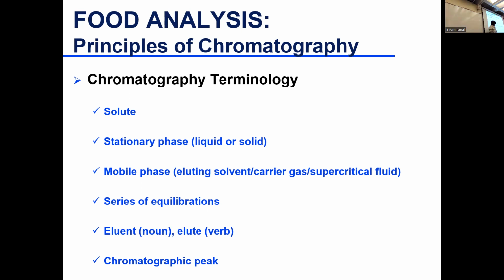Series of equilibration. We're going to talk about how the components separate in a column or in a stationary phase. They go through a series of equilibria between the stationary phase and the mobile phase. If you want to imagine and remember those tubes, you shake, shake, shake, you have an equilibrium and separation.